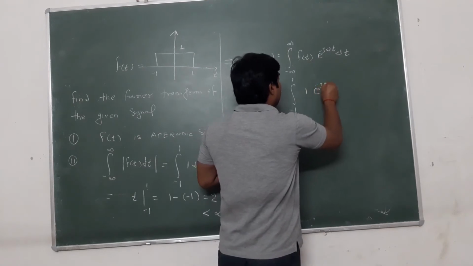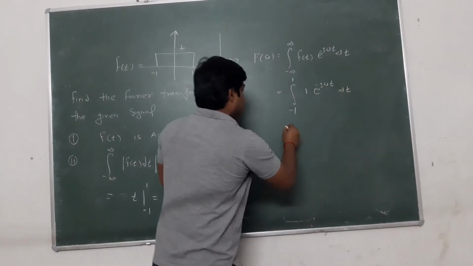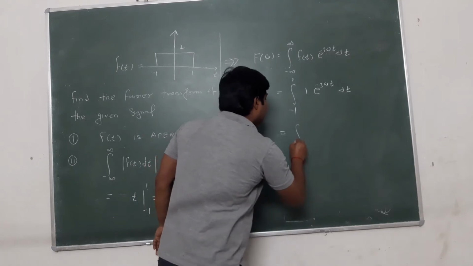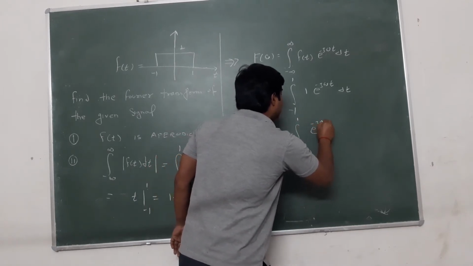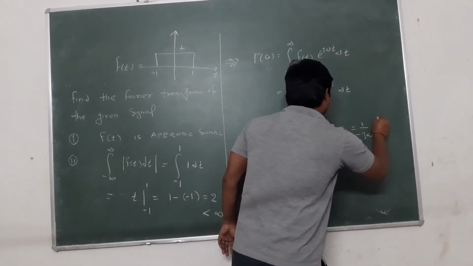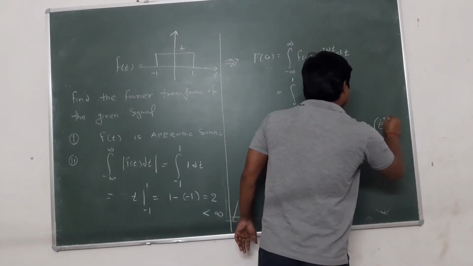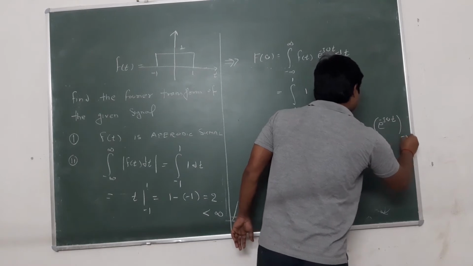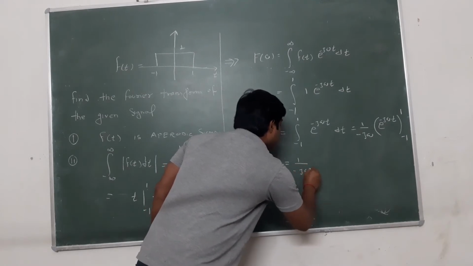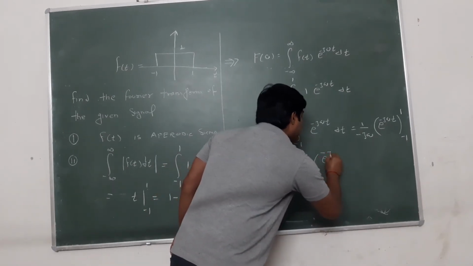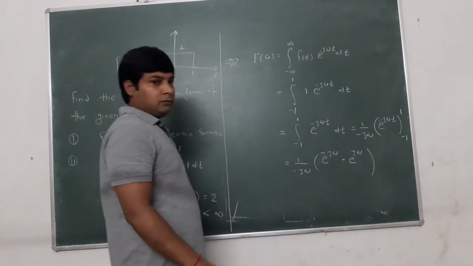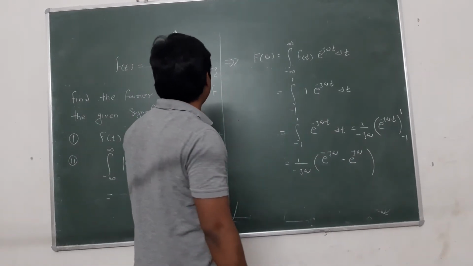So the integral from minus 1 to 1 of e to the power minus j omega t dt is 1 upon minus j omega times e to the power minus j omega t, limits minus 1 to 1, which is 1 upon minus j omega times (e to the power minus j omega minus e to the power j omega). So this is the Fourier transform of the given signal.